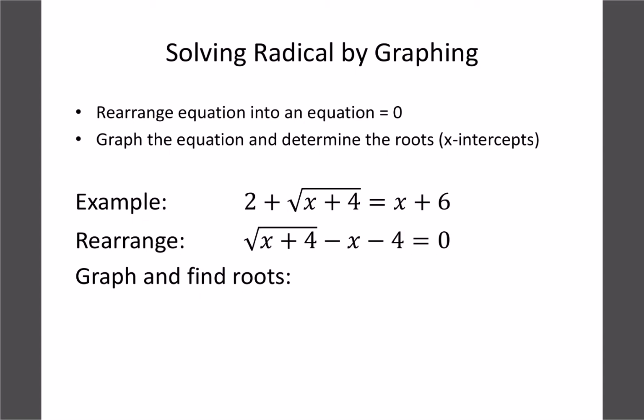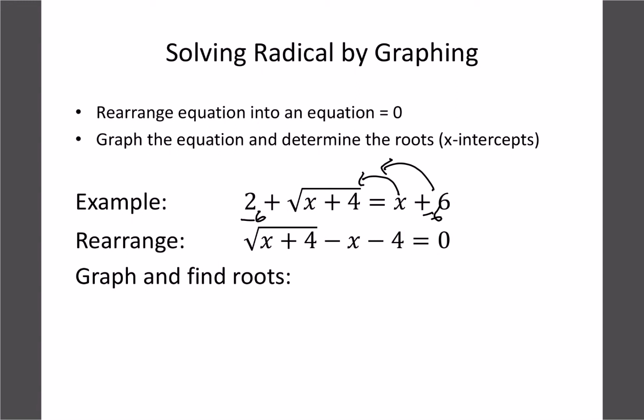Now, if you want to try solving a question by graphing, that also works, and there are a couple of different ways to graph. The first method is to rearrange the equation so that it's equal to 0. In this case, we've got this x plus 6 on the other side. If we move those over, we'd have minus x, and then our 2 minus 6 gives us minus 4.